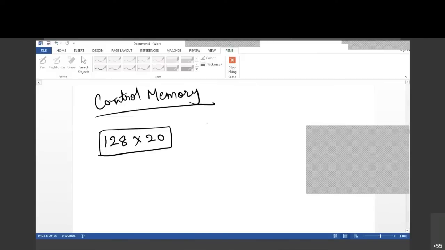We saw the figure, so where is the address stored? It's stored in CAR, control address register. Then it's also stored in SBR, subroutine register, right? So now, what would be the size of these two registers? What is 128? It's 2 raised to 7. And hence, the size of the registers that store address in my control memory is 7 bits.